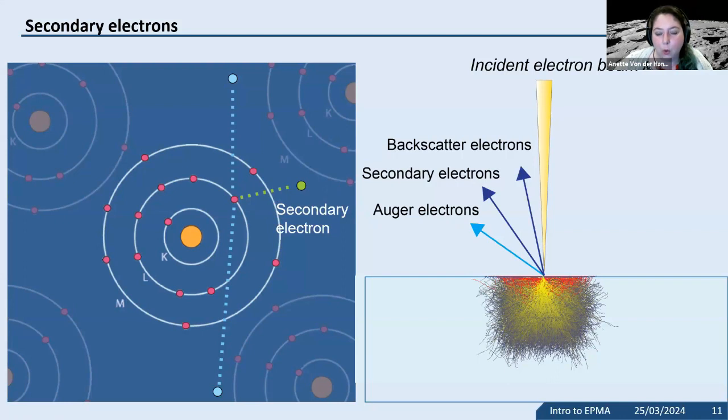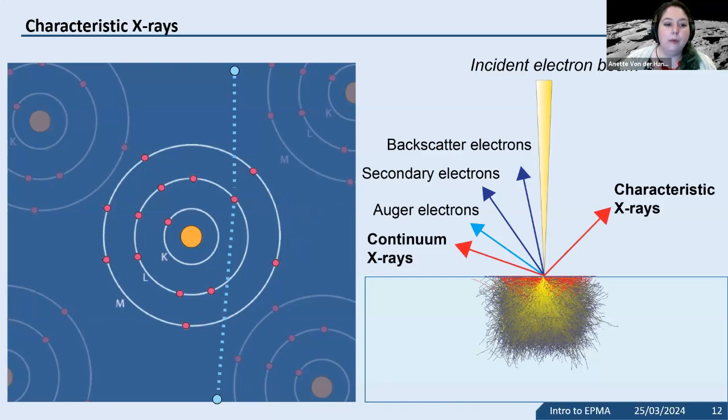And so only the ones closest to the surface get emitted from the sample. Hence this type of electron is so sensitive to differences in topography of the sample, and we use them to look at roughness, topography, breaking surfaces, and so on. Then what is usually of biggest importance for us are the X-rays.